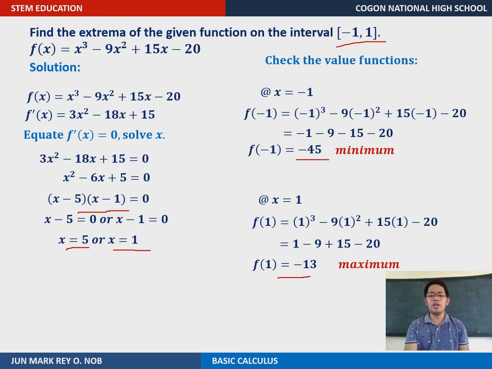And in the same manner, the function attains its minimum value of -45 whenever x is equal to -1. But of course class, let me emphasize that we are only talking about the closed interval -1 to 1 as our reference. I hope it's clear.